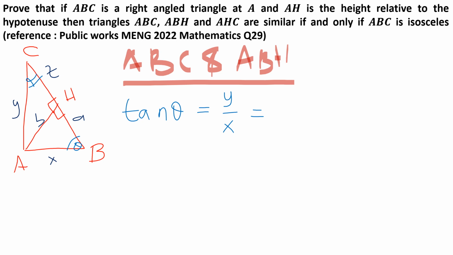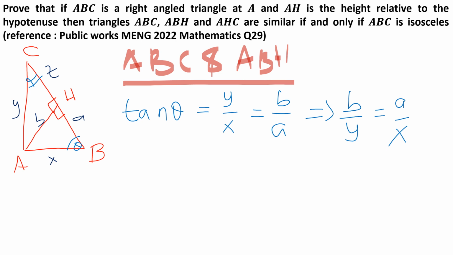If you go to ABH, the opposite is B and the adjacent is A. So for the ratio between corresponding side lengths, we are going to have B over Y equal to A over X. What is B and Y? B is the opposite to the angle theta of the triangle ABH, and Y is the opposite to the angle theta of the triangle ABC.